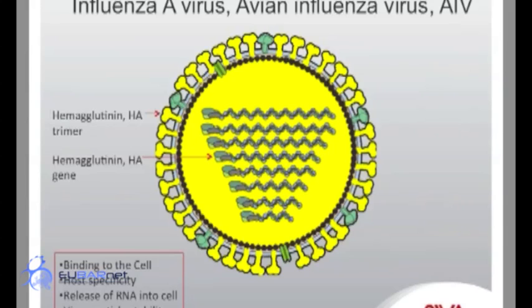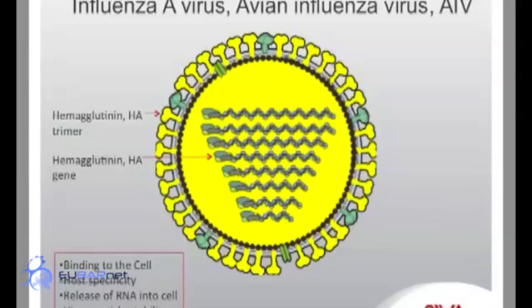It's the surface glycoprotein of the influenza virus that gives it its serological properties, because it is exposed. So you have the hemagglutinin and you have the neuraminidase. These are the two. So when you hear about H5N1, that means that you have the fifth type of hemagglutinin and the first type of the neuraminidase.